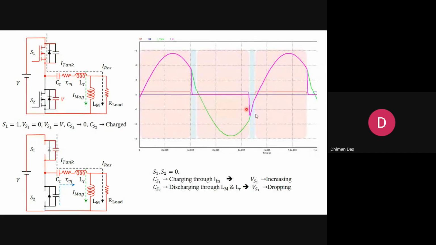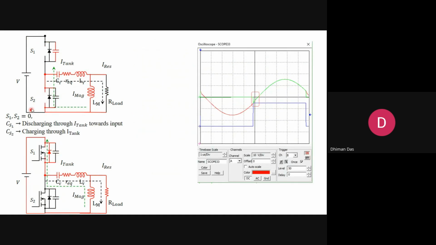Now we will understand what effect is going on. The bottom capacitor is discharged and the top capacitor is fully charged. Now when both switches are off, with this resonating network, the top capacitor tries to discharge because negative current is flowing.